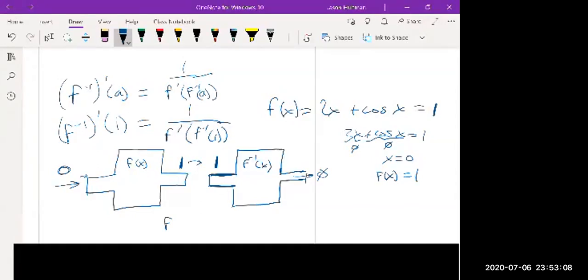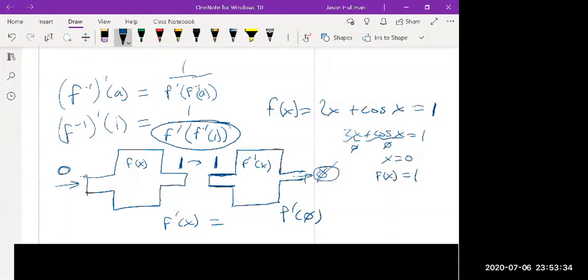So now we want f prime of x. The inverse of 1 is 0, so I really want f prime of 0 in the denominator here.